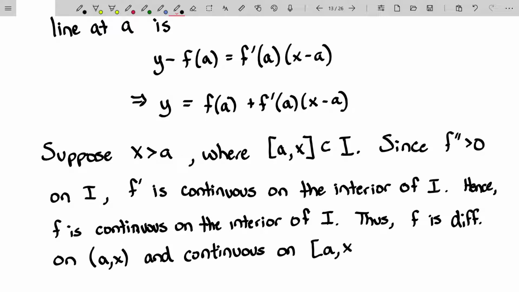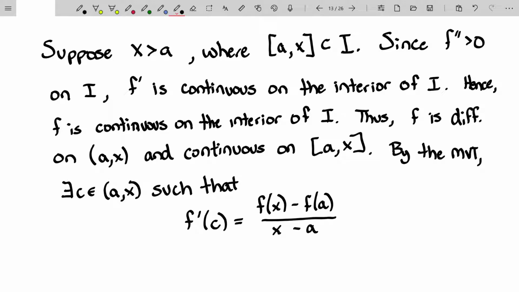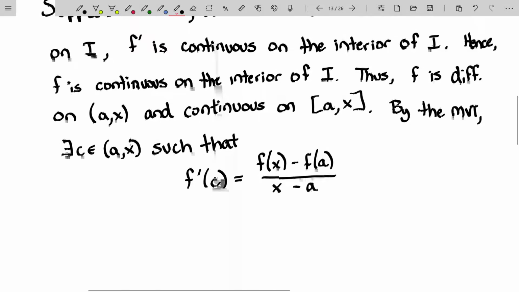So that's going to be very helpful because we can use, ta-da, the mean value theorem. So by the mean value theorem, there must exist some number c in between a and x such that the slope of the tangent line at that number is equal to f of x minus f of a over x minus a.